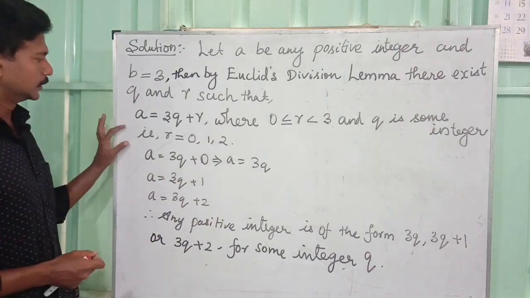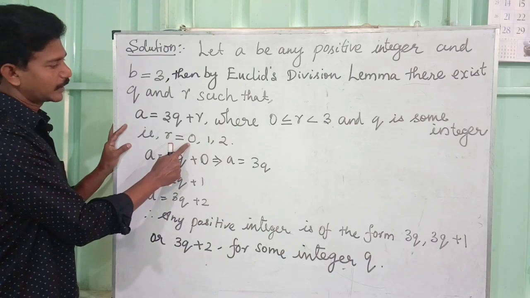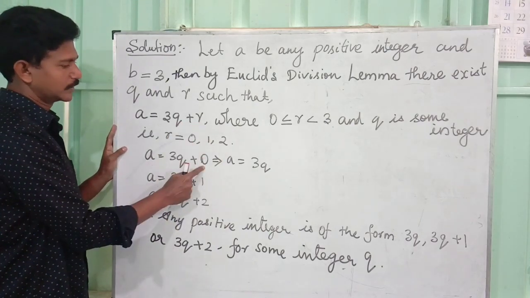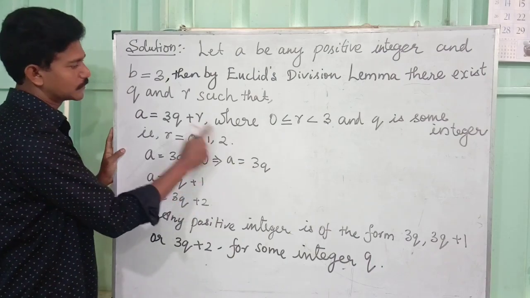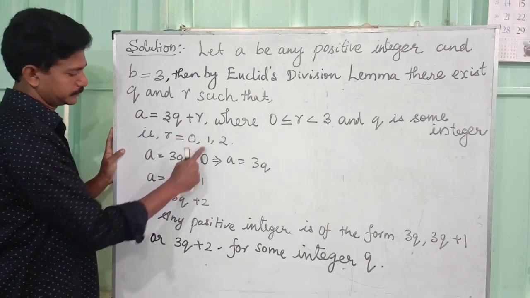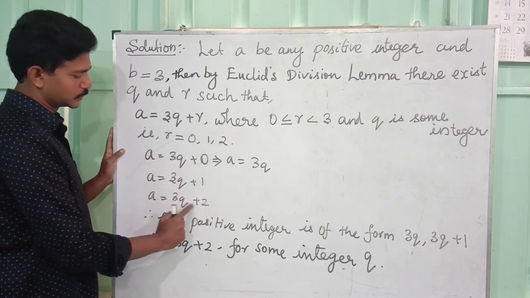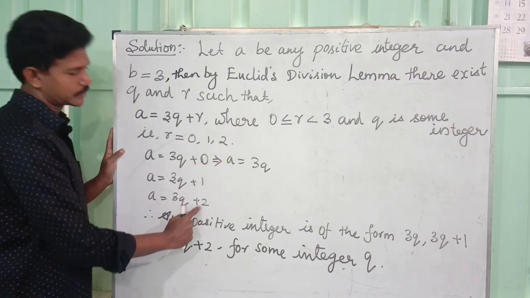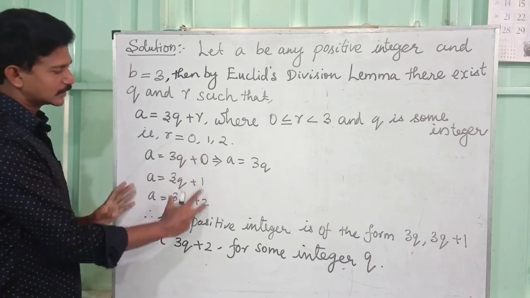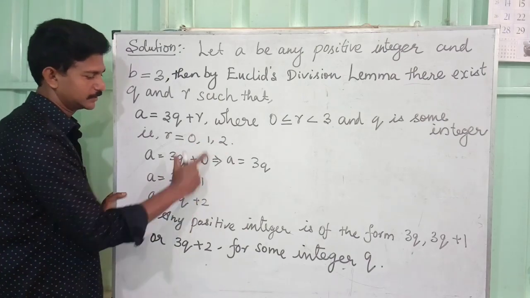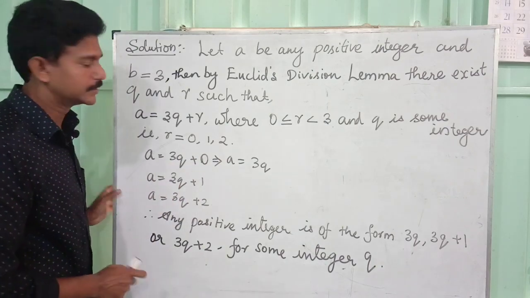If we substitute the values 0, 1, 2 in place of r: if we substitute 0, we get a is equal to 3q. If we substitute 1, we get a is equal to 3q plus 1. If we substitute 2, we get a is equal to 3q plus 2. It can have only these three forms because r is deciding the format here.